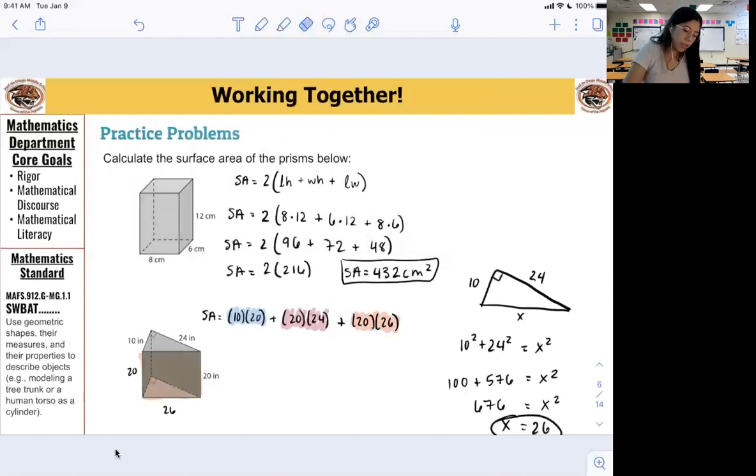You can try and picture it this way. So here's my triangle. Think of it like it's this way. Turn it in your head. So what would be the formula for this triangle?